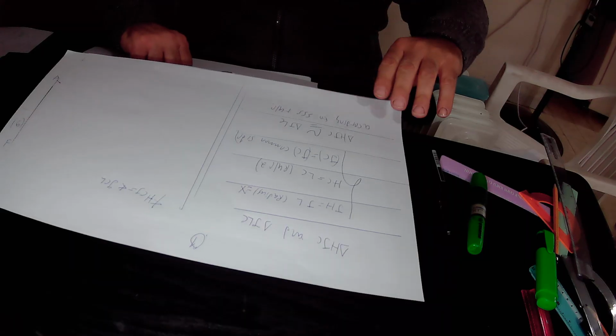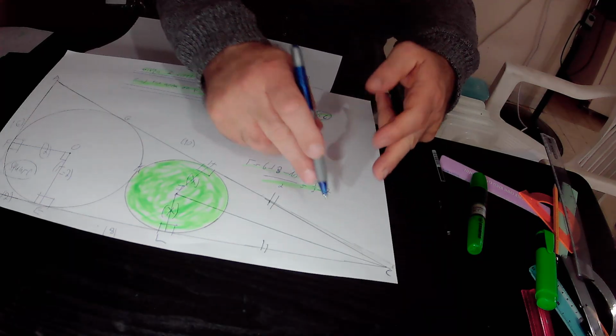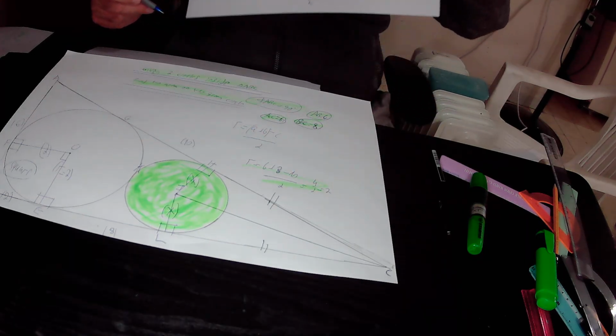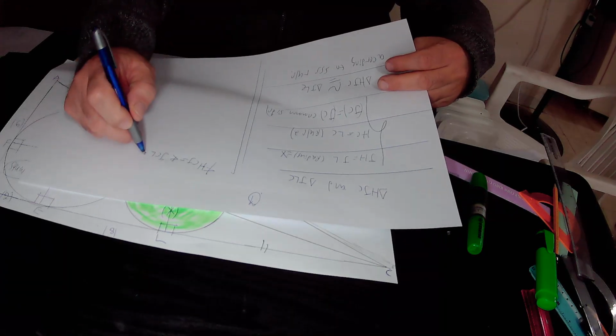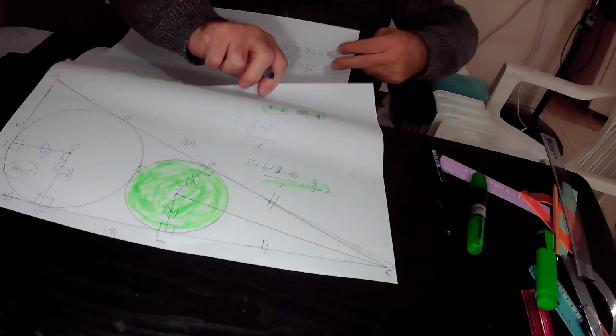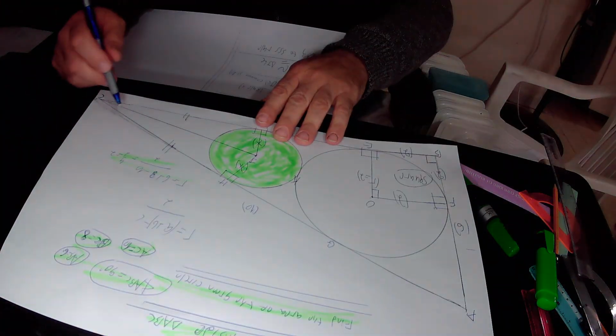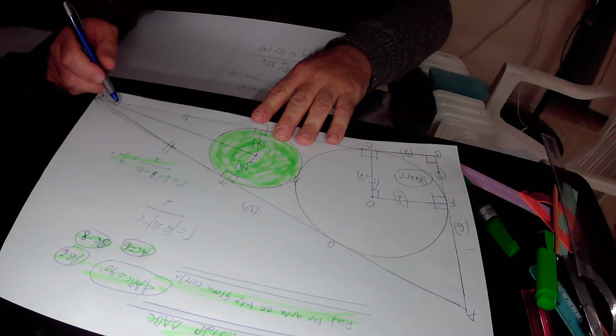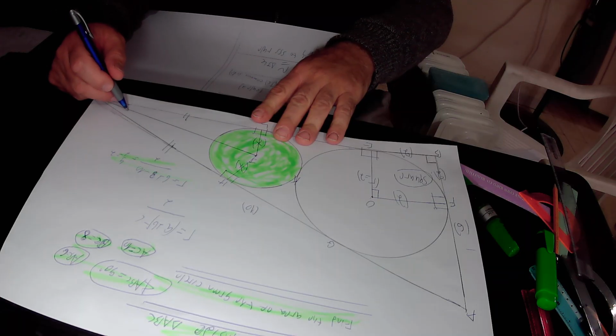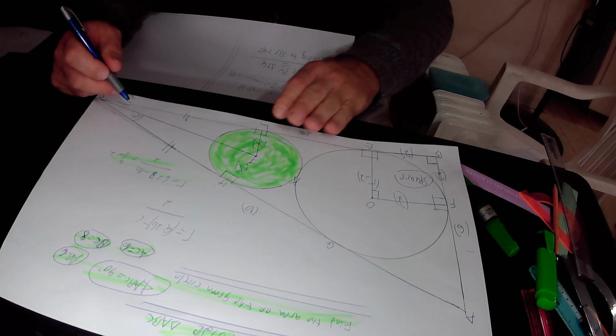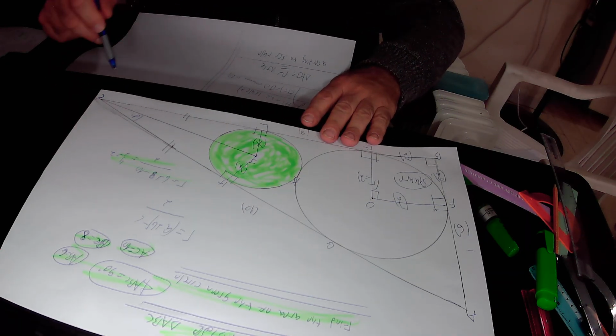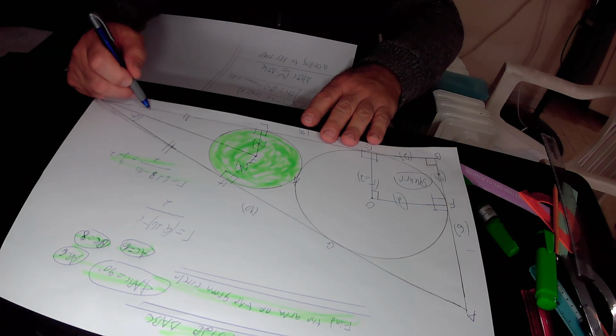So if we define one angle as alpha, then the other angle must also equal alpha, because they are equal to each other.